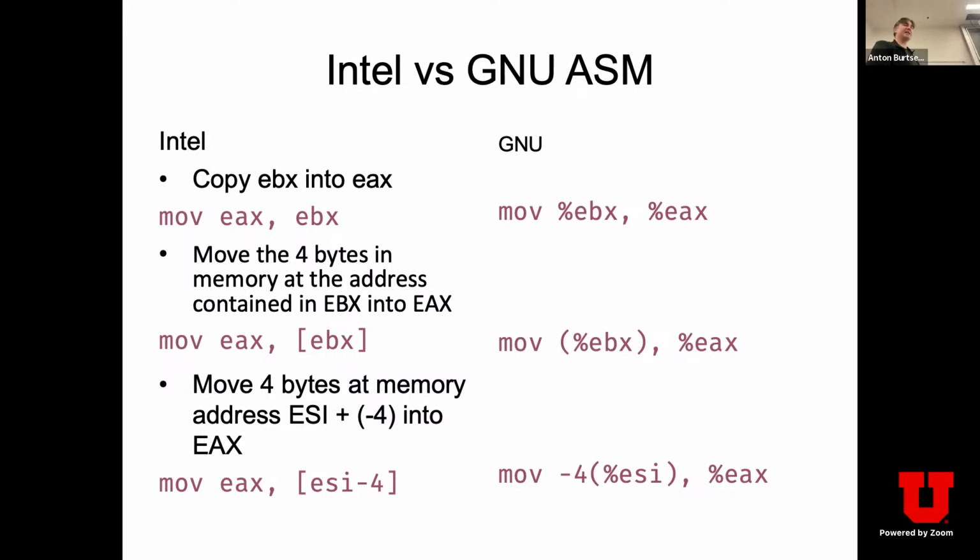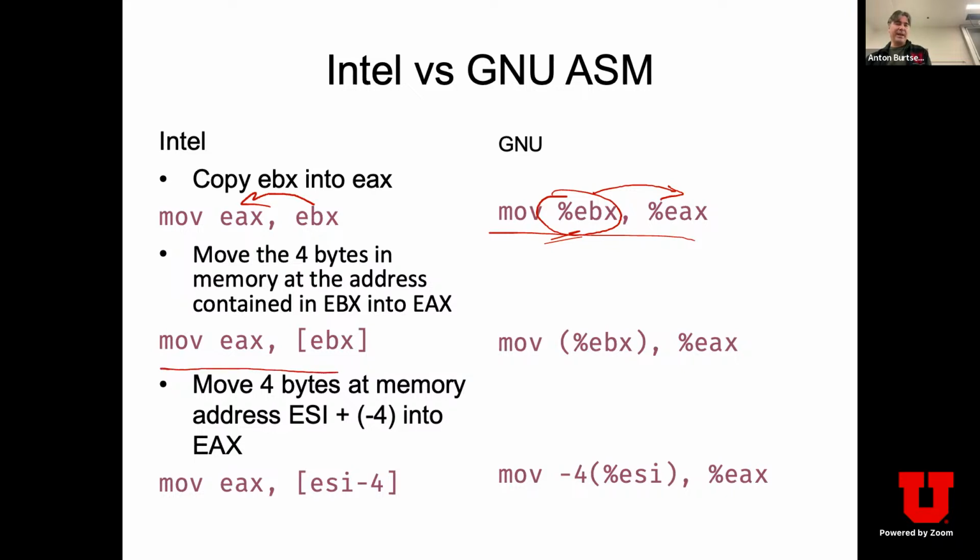As I was saying multiple times, it's very, very similar. Intel, in my opinion, is a little bit easier to read. For example, when you copy EBX into EAX, you write it this way. In GNU assembly, you designate registers with an additional symbol, and the order is different. So it goes EBX to EAX.